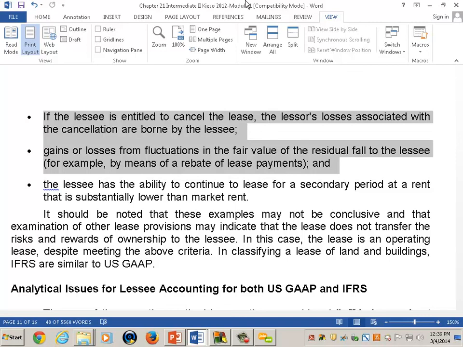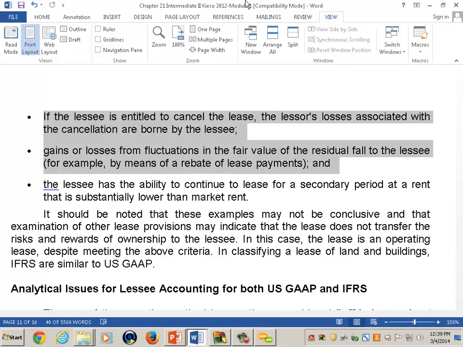So if, let's say, it's not a major part and not substantially all, asset and liability go on the balance sheet, but on the income statement, everything gets wrapped into rent expense. So you add what would have been depreciation and interest and call it rent expense. If it is substantially all or a major part, then you split and you have interest expense and depreciation.